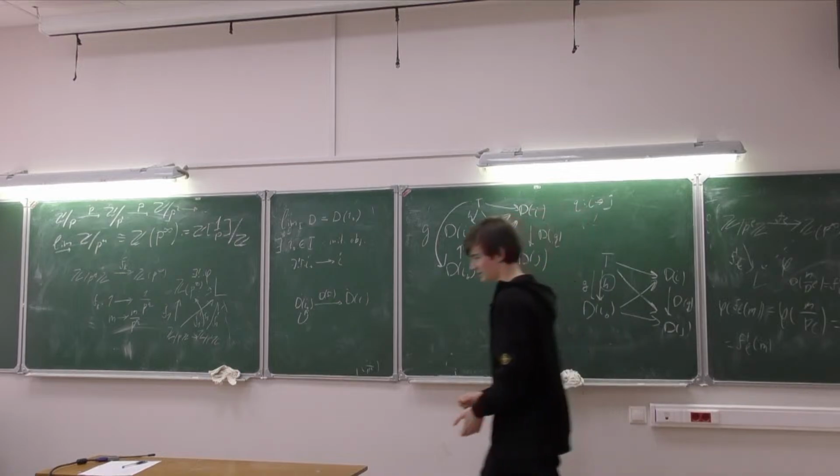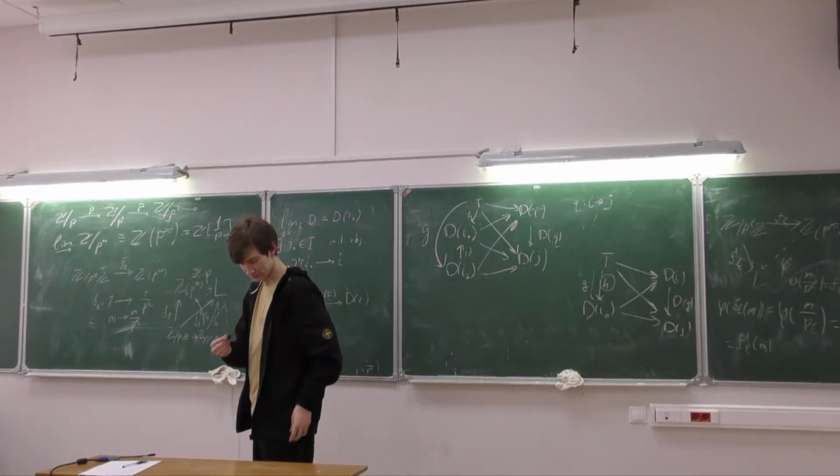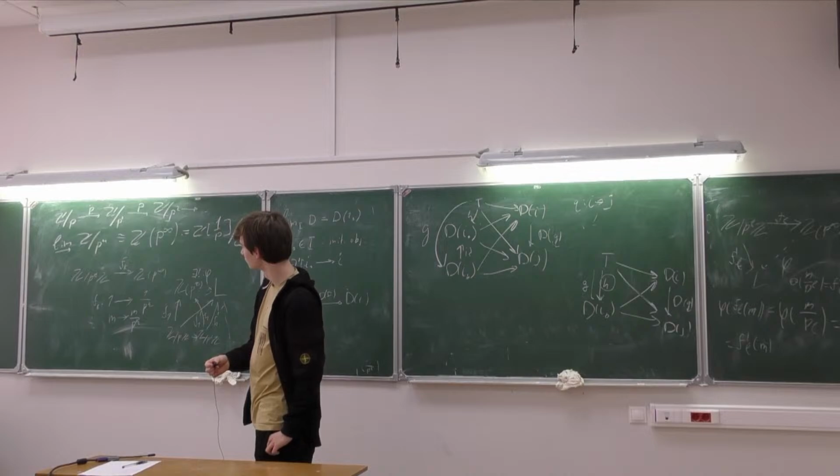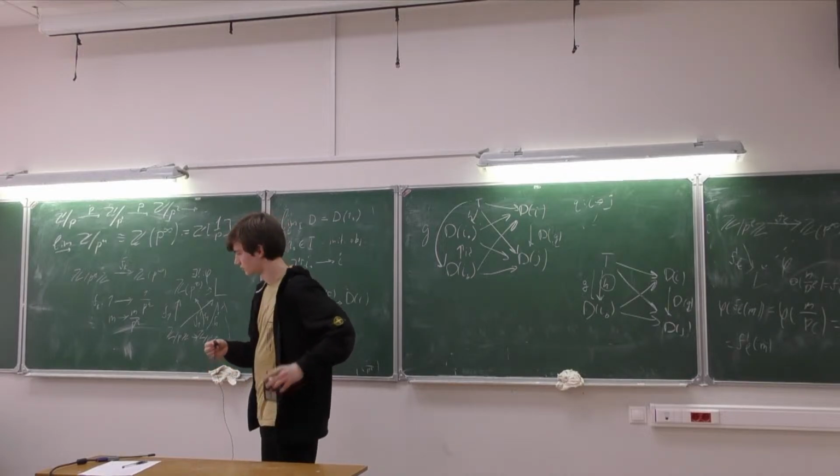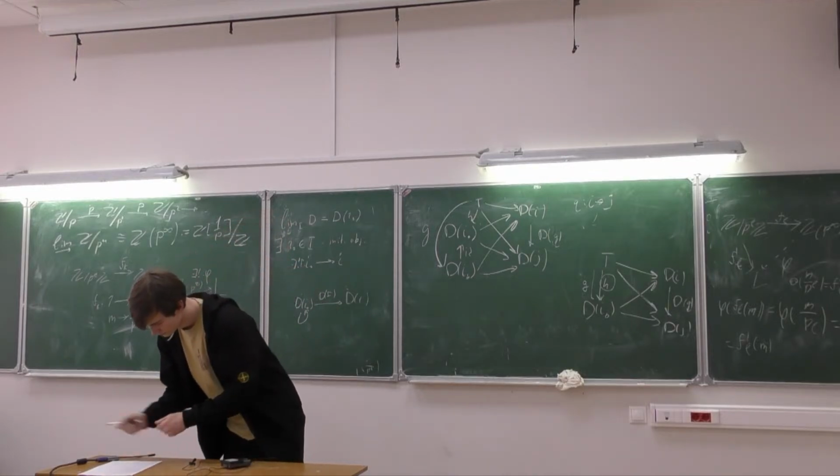Okay, thank you. And by the way, of course, you can notice that there is an opposite statement with the elements and the final objects. It's just the same thing for the opposite categories.